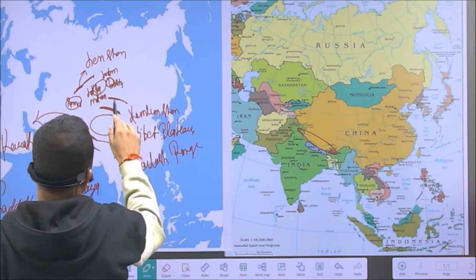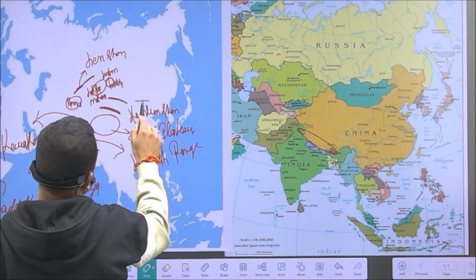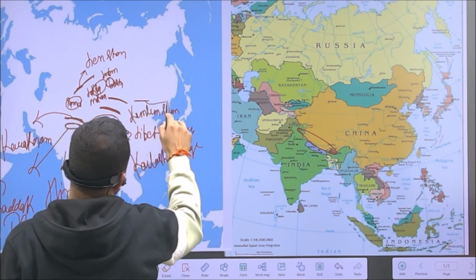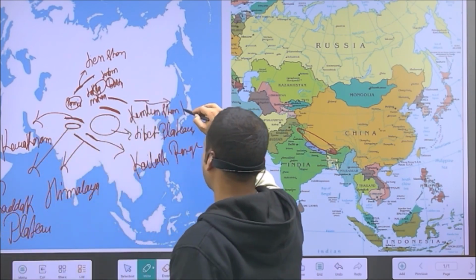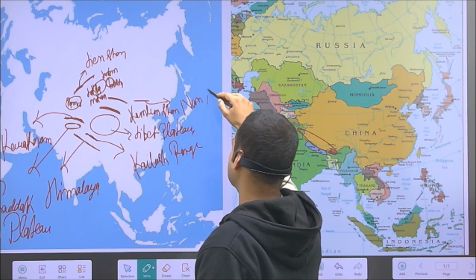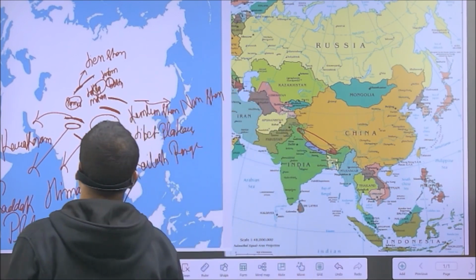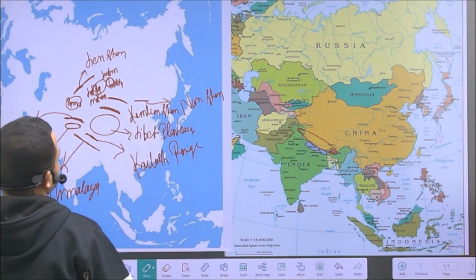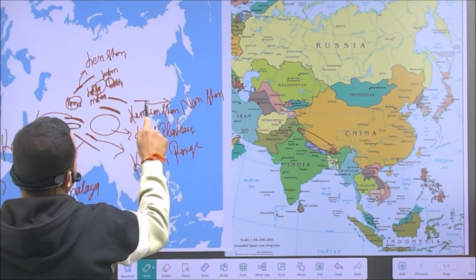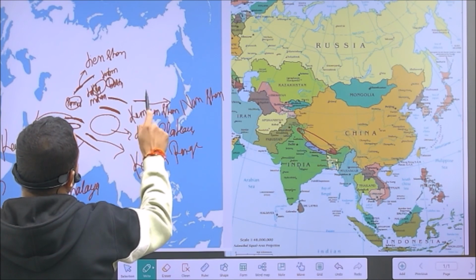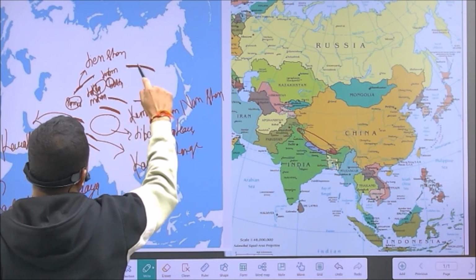And if it is Kunlun Shan, here you can see another mountain which is known as Nanshan. In the north side of Nanshan, here you can see the Mongolian plateau.